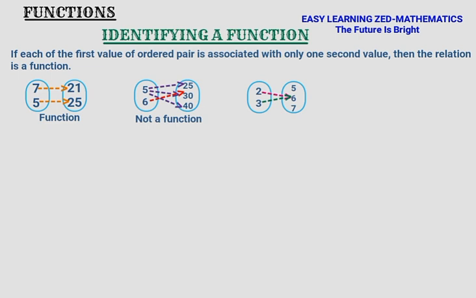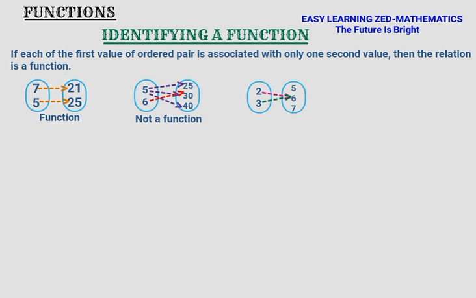Let's go to the third and last example. As you can see, we have 2, 3 in one set, and in the other set we have 5, 6, 7. 2 is associated with 6, and 3 is associated with 6.